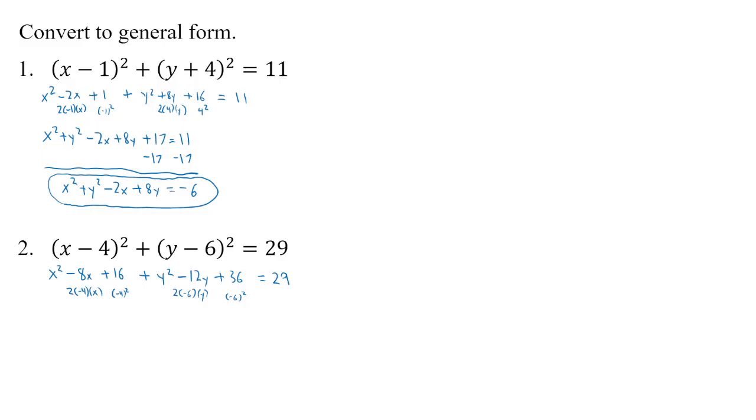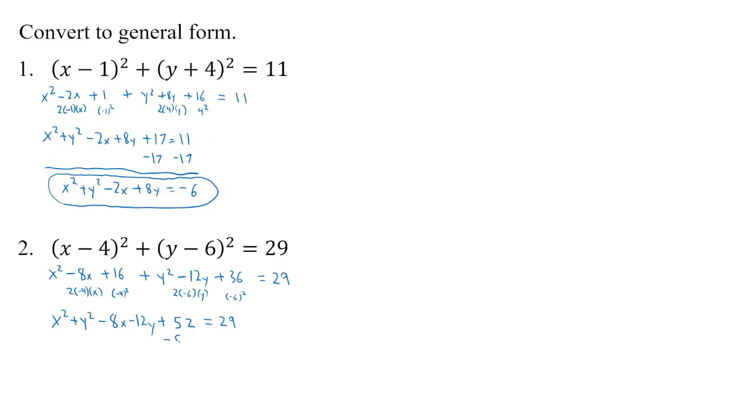So now we're going to rearrange. We're going to write x squared and y squared next to each other. We're going to rewrite negative 8x and negative 12y next to each other. And then we add 16 and 36, and you will get 52 equal 29.